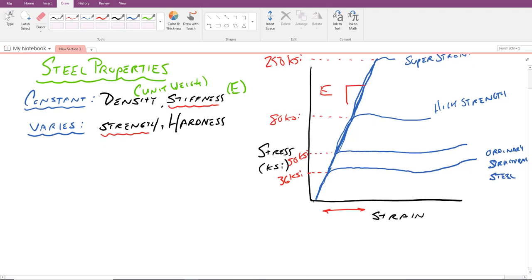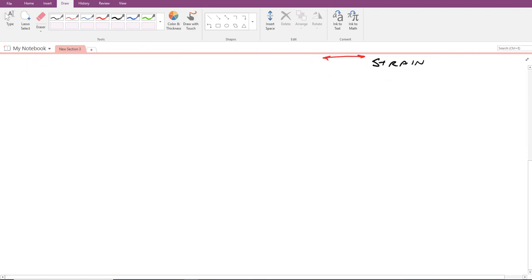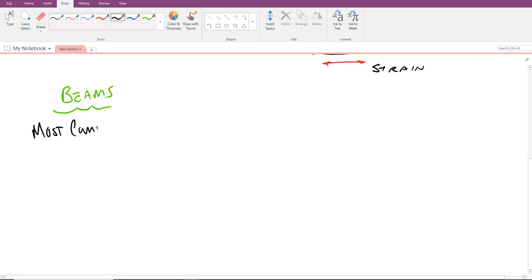Now, I want to quickly talk about beam properties as well while we're here on this topic. So let's start with a couple of general principles. The most common beam type when we're dealing with steel is the wide flange shape.